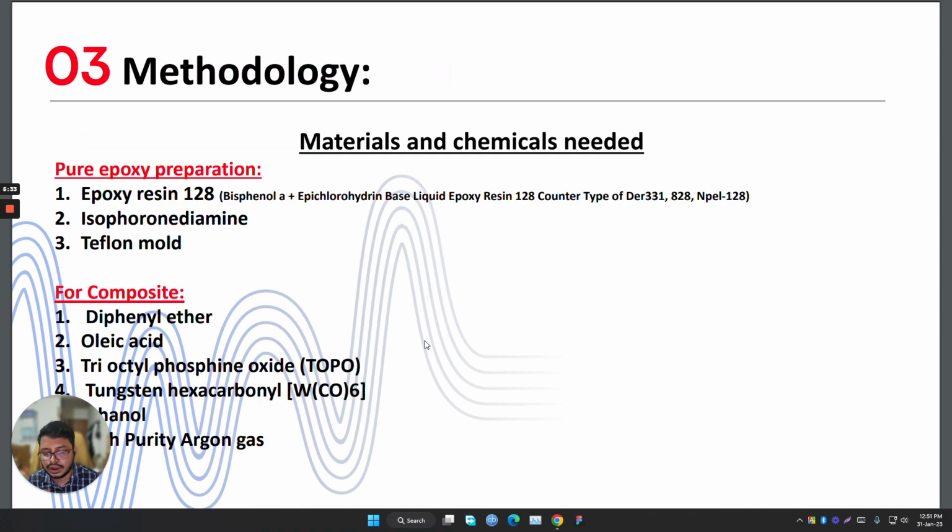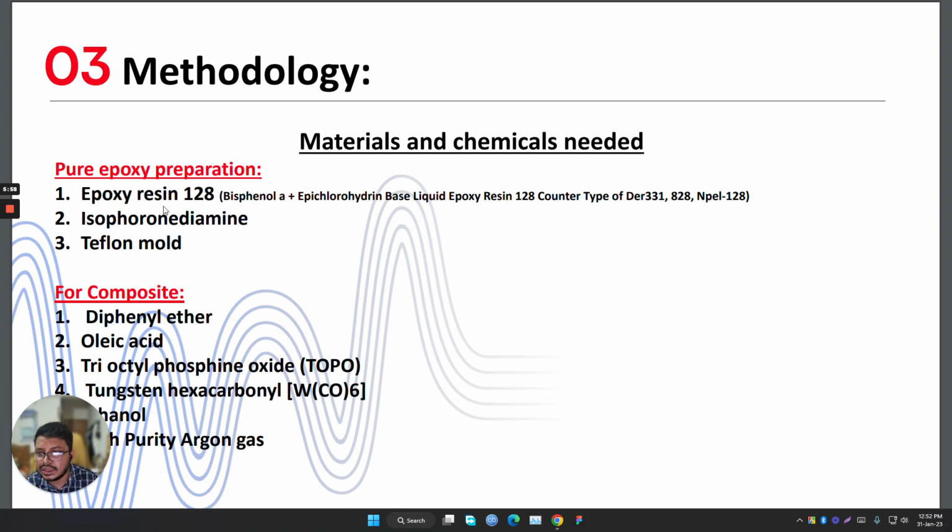Let's now look at the next slide, which shows the methodology. At first, we know about the material and chemicals needed in our experiment. For example, at first we prepare pure epoxy resin, and for this we need three chemicals.